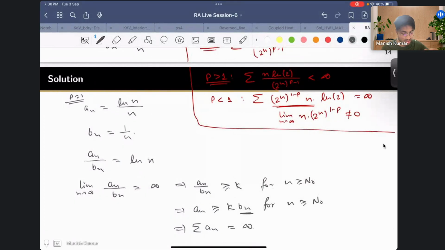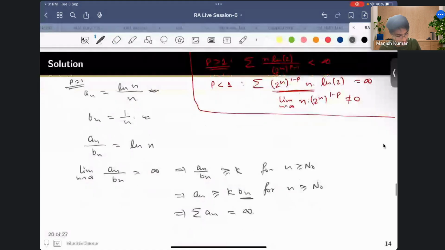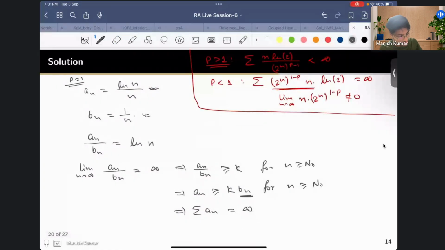For p equal to 1, my an was this, bn is 1 by n, an by bn is this, and the limit is infinity, which means this, and from here you can conclude that summation an is going to be infinity. Is this fine?